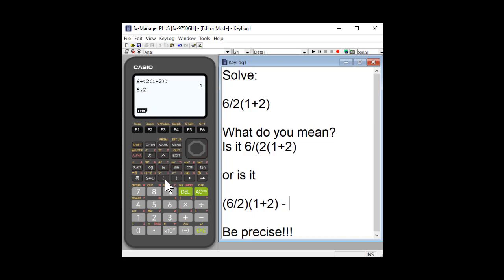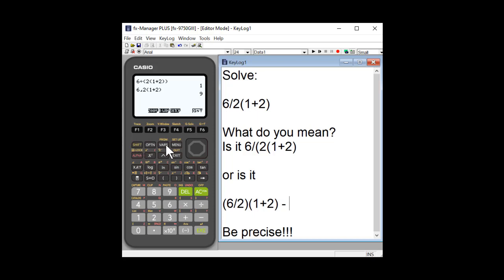And then I could hit 1 plus 2, and it's still going to interpret this as all being grouped under the, no, it's not, I'm sorry. It's interpreting this as 6 over 2, this quantity is grouped, and then multiplied by 1 plus 2. So notice we get a different answer. So you really need to be clear on what it is that you're expecting.